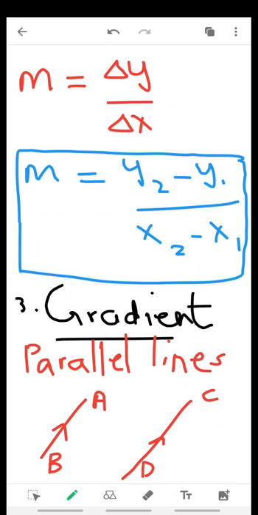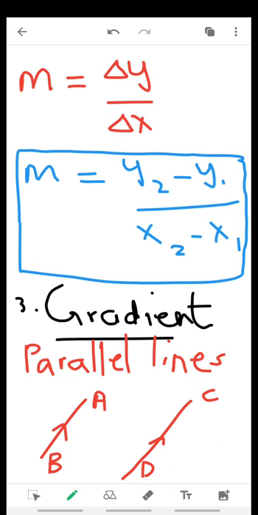This is the formula we use to calculate the steepness of any straight line, the gradient of any straight line.